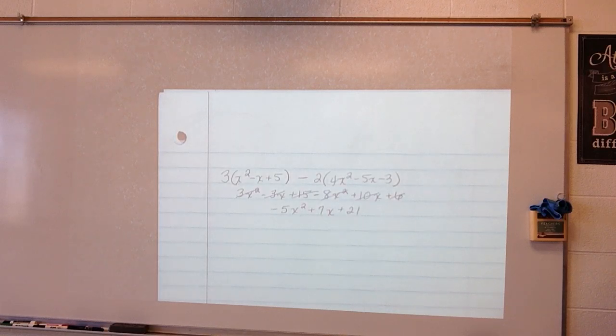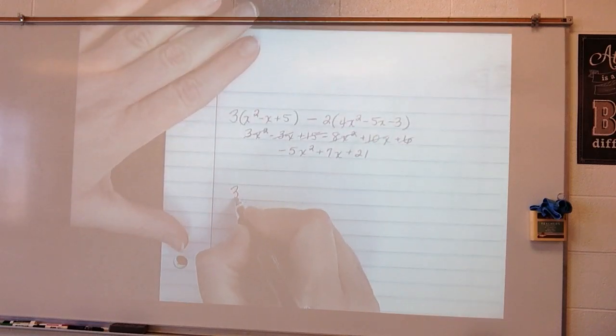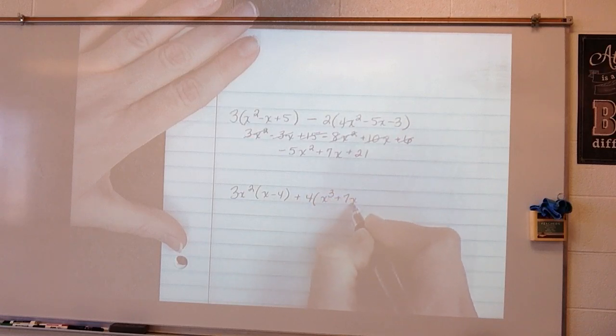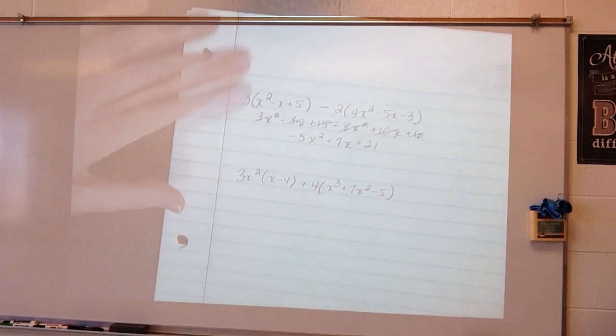Then let's look at an addition problem here. 3x squared times x minus 4, plus 4 times x cubed plus 7x squared minus 5.